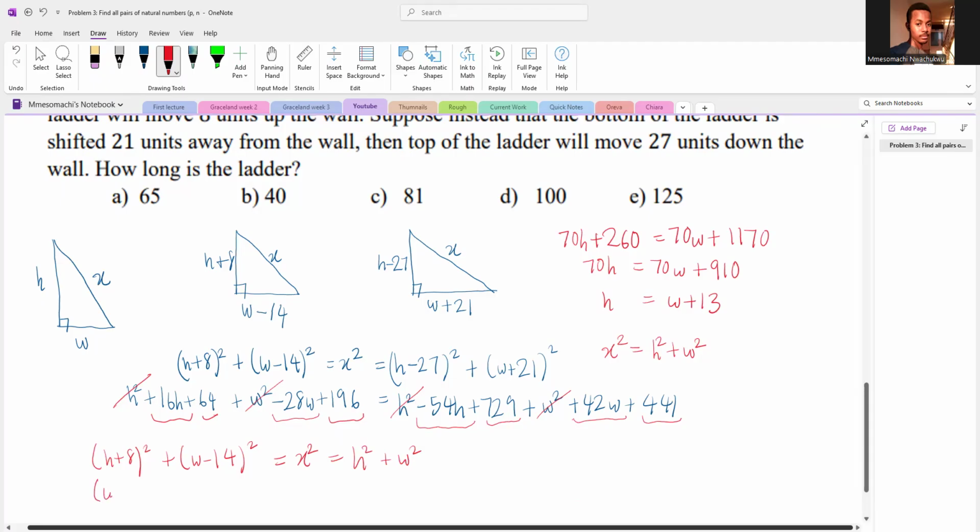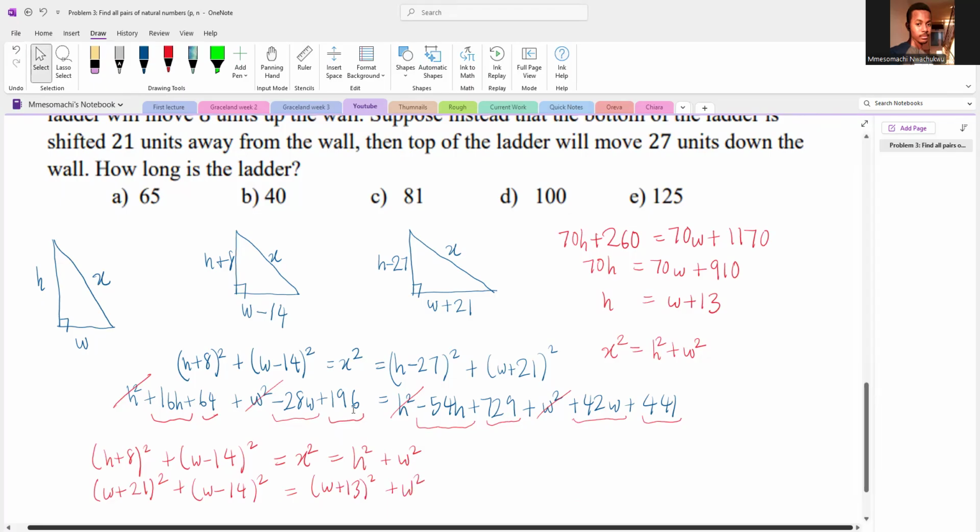So we have W plus 13 plus 8, that's going to be 21 squared, plus W minus 14 squared is equal to W plus 13 squared plus W squared.